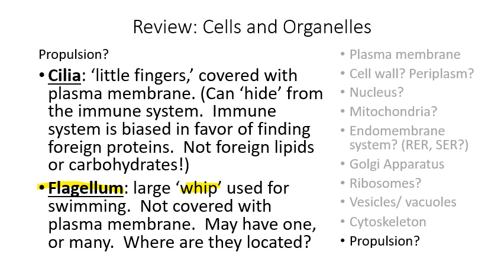If our immune system is very good at recognizing foreign proteins, it stands to reason that it can very easily target flagella. So these organisms that cover their cilia with the plasma membrane can hide, but bacteria swimming around with a flagellum are easier for our immune system to spot, recognize and destroy.